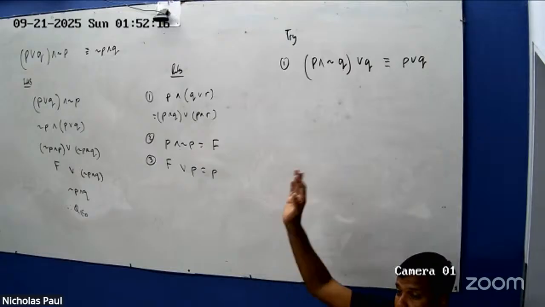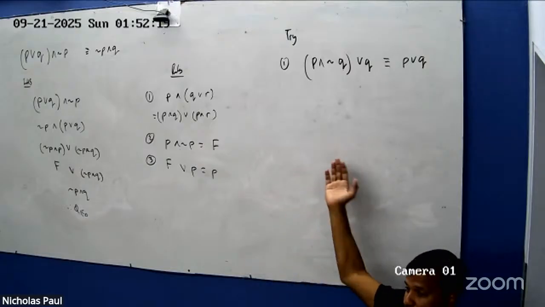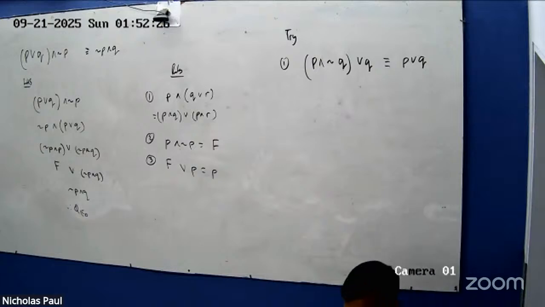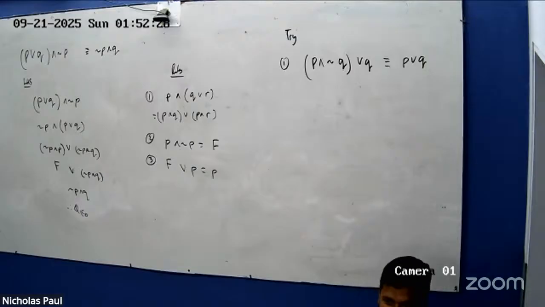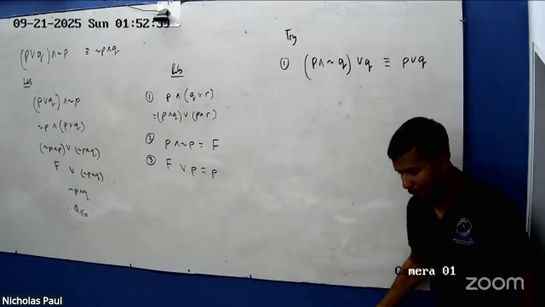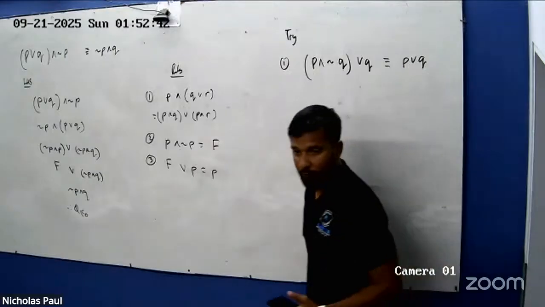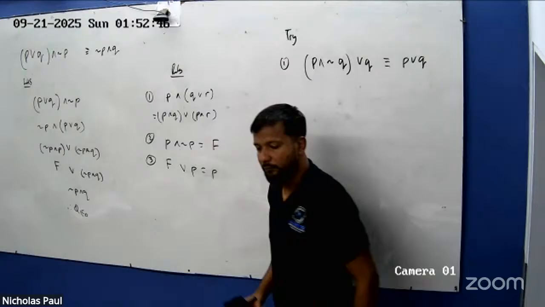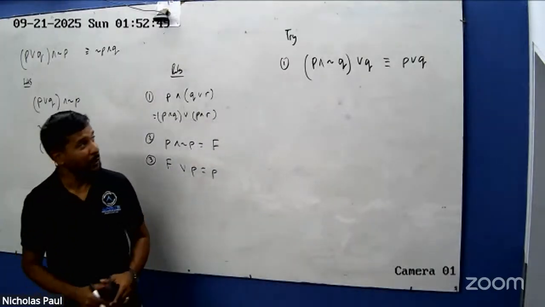No truth tables, algebra alone. No truth tables. Anybody get it? We can do all of it. Anybody come and try it?